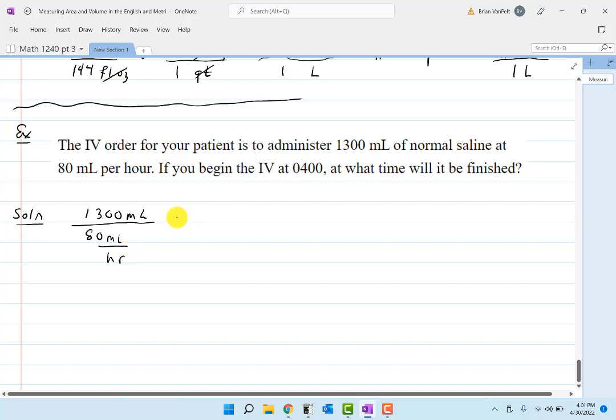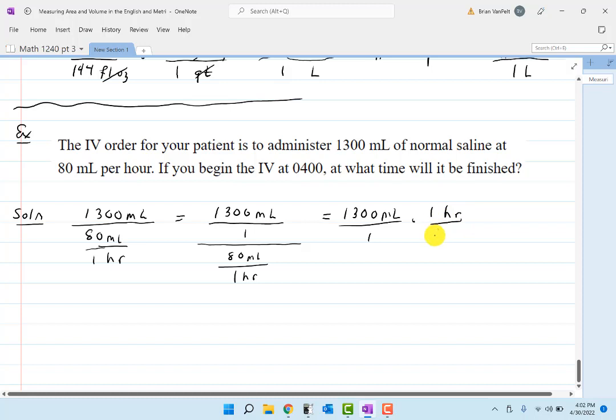This may be strange, but if you remember, when you take a fraction and divide it by a fraction, this is no different than doing 1,300 milliliters divided by 1, all of that divided by 80 milliliters per 1 hour. You may remember that when you divide fractions, you take the reciprocal of the bottom fraction and you get 1 hour divided by 80 mL.